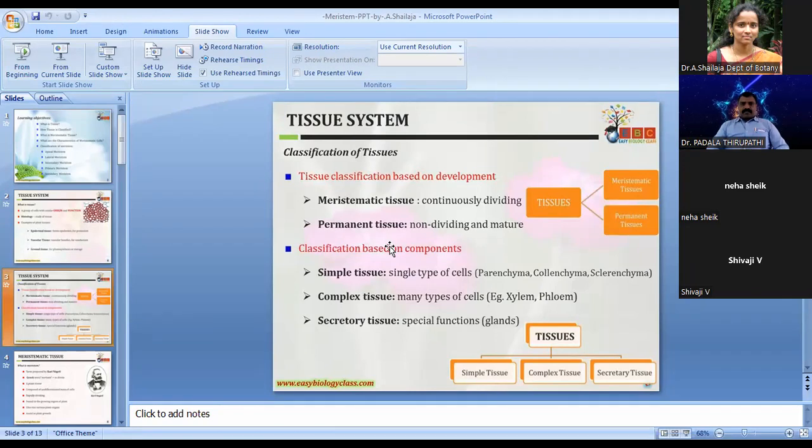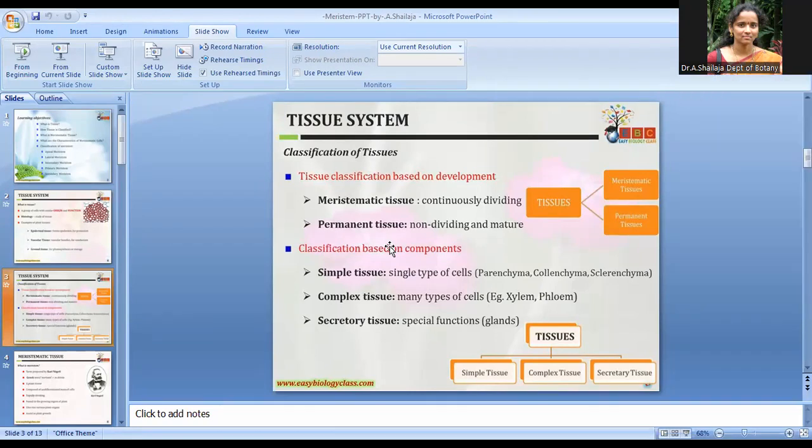Next, classification based on components. These tissues are divided based on development and based on components. Based on components, there are simple tissue, complex tissue, and secretory tissue. First, simple tissue has a single type of cells.